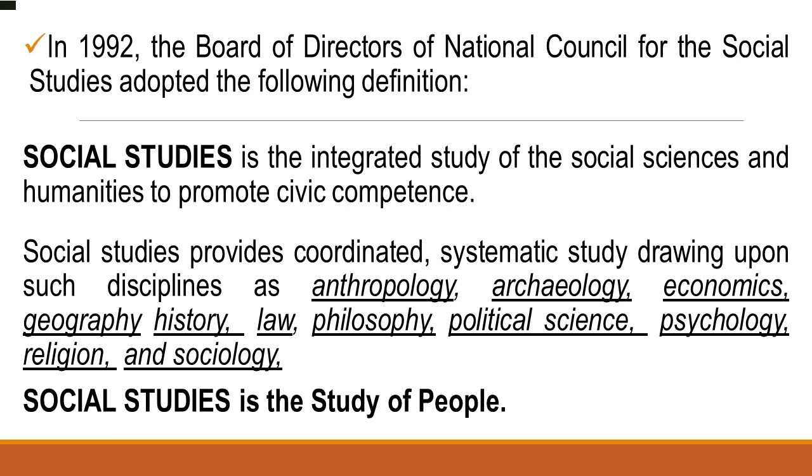Remember, what is the purpose of social studies? The purpose is to help young people develop the ability to make informed and reasoned decisions for the public good as citizens. Take note of that: for the public good as citizens of a culturally diverse, democratic society in an interdependent world.